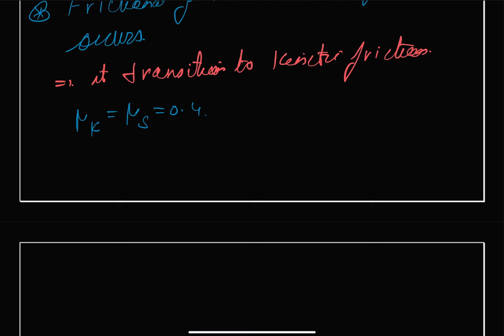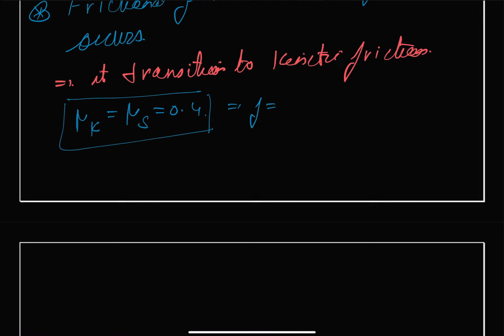equal to our static friction, which is about 0.4. Okay. Because only our static friction is given and slipping is going to take place, we can just make a presumption that kinetic friction is equal to the static friction.